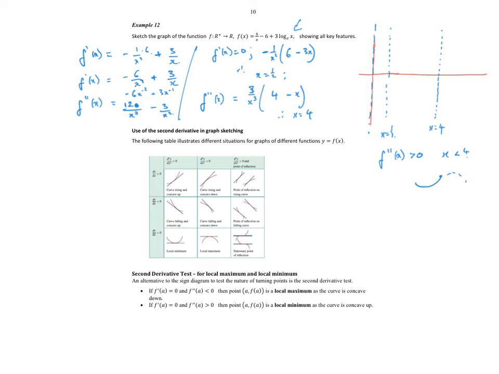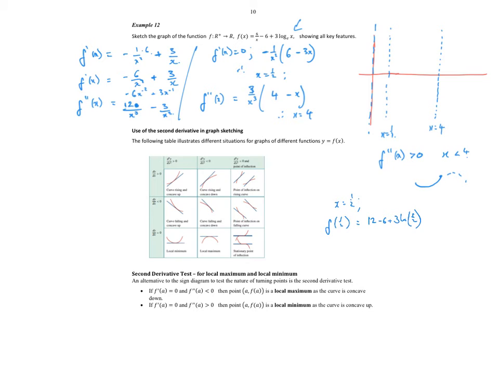All right, let's look at x equal to a half and work out where this stationary point is. If x is equal to a half, f of a half is going to be equal to what? 6 on x, which is 12, minus 6 plus 3 natural log of a half.